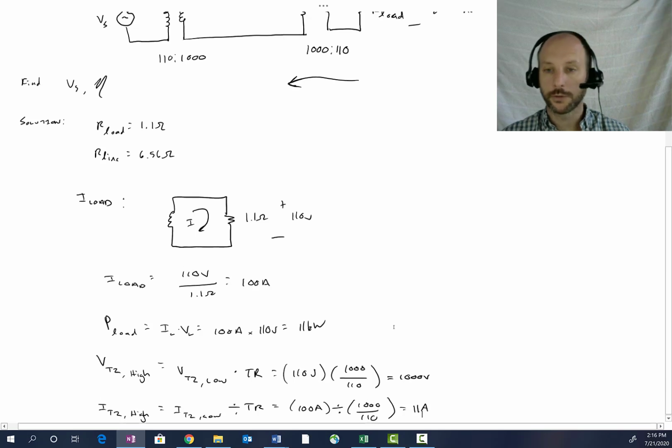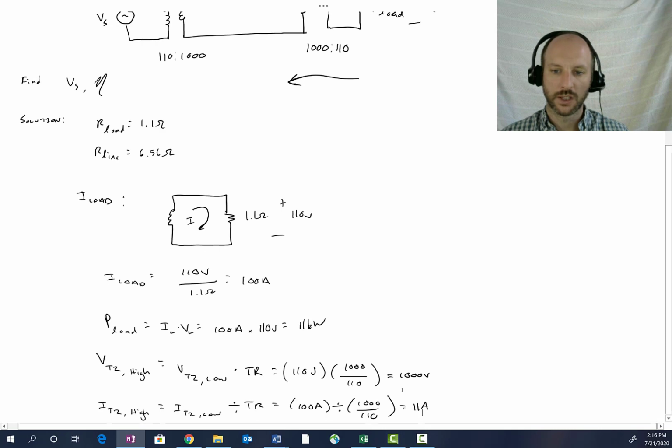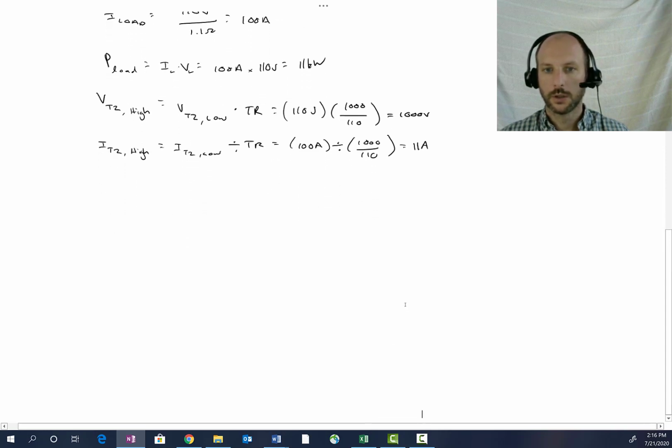The amount of current flowing through the primary of transformer 2 is also going to flow through that line resistance, and so we can calculate the voltage drop across the distribution line if we know the current through it, just from I times R. So that's what we're going to do next.